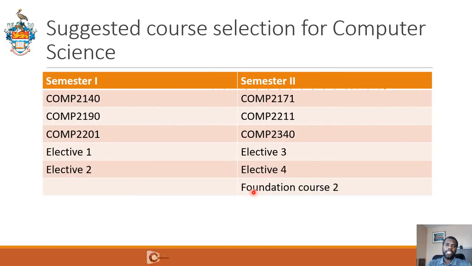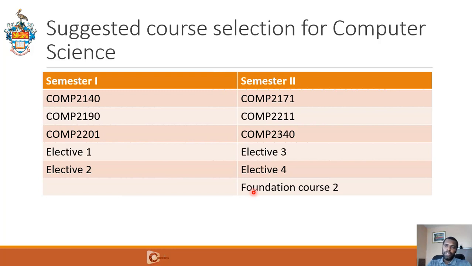So which courses can you take? If your major is computer science, in semester 1, you should take Comp 2140, Comp 2190, and Comp 2201, and 2 more elective courses. In semester 2, you should sign up for Comp 2171, Comp 2211, Comp 2340, 2 more elective courses, and a foundation course.